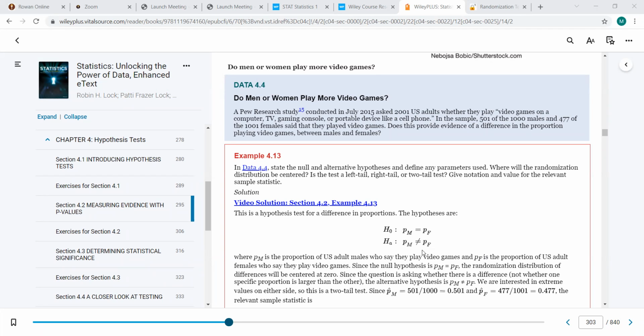In this case, if the alternative hypothesis is a not equal to sign, then we do a two-tail test. And we always multiply the number that we get for the p-value by 2 to get the true p-value. If we have a greater than symbol here, then we use a right tail test. If we have a less than symbol in the alternative hypothesis, we use a left tail test.